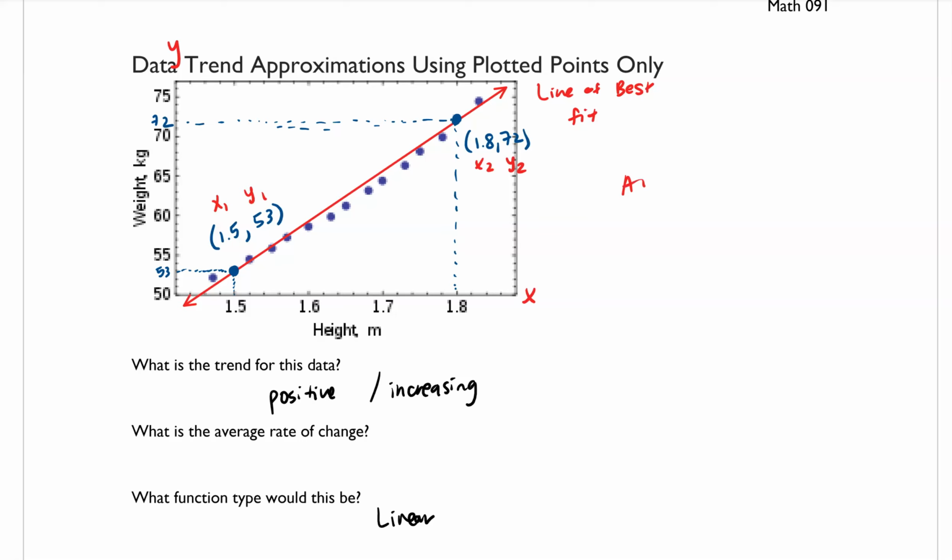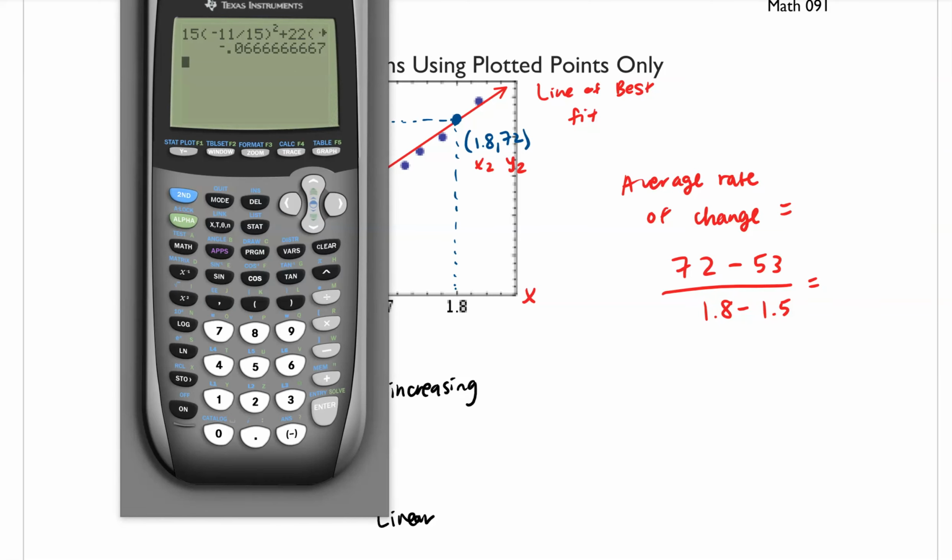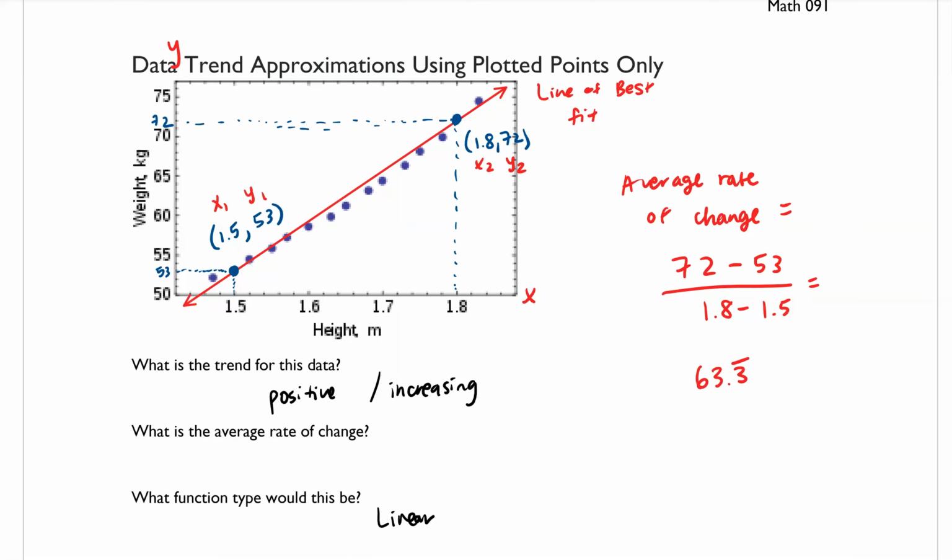So average rate of change is equal to y2 minus y1 over x2 minus x1. And if I pull out my handy dandy calculator, we have 72 minus 53, which is 19, divided by 1.8 minus 1.5. So that is approximately 63.3 repeating.